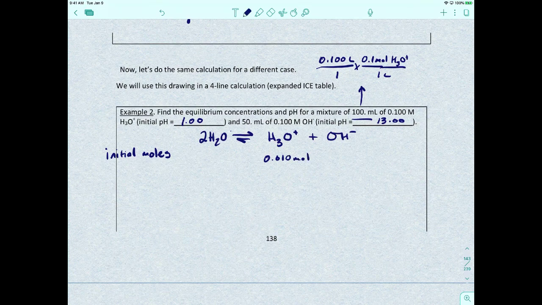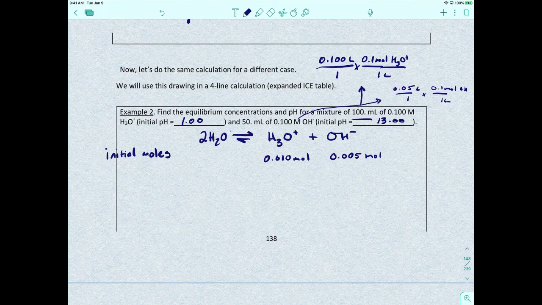Now for the next one, 50 times 0.1, so 0.05 liters times 0.1 mole of OH minus over 1 liter. 0.05 times 0.1 will give us 0.005. So we are literally halfway to the concentration of the acid.